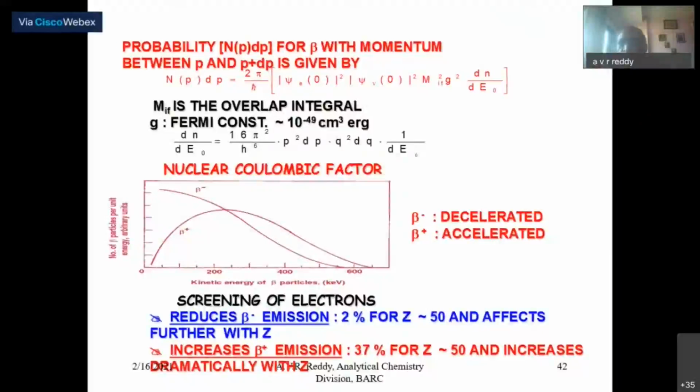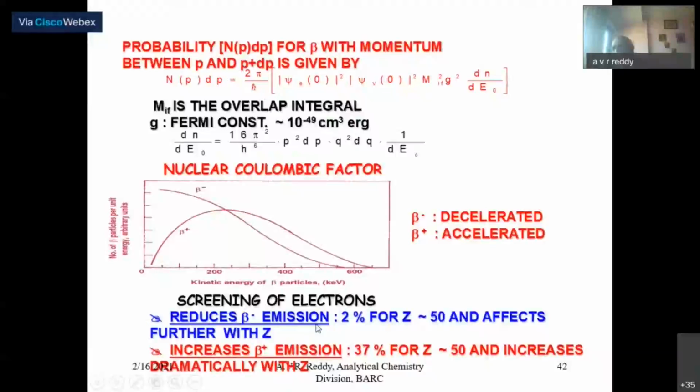Another thing we have to remember: if Z is 50 and above, with more and more nuclear charge, beta minus decay will be hindered or reduced because of the screening of the electrons, because electrons are becoming more and more along with the atomic number. This is the nuclear Coulombic factor, whereas this is screening.